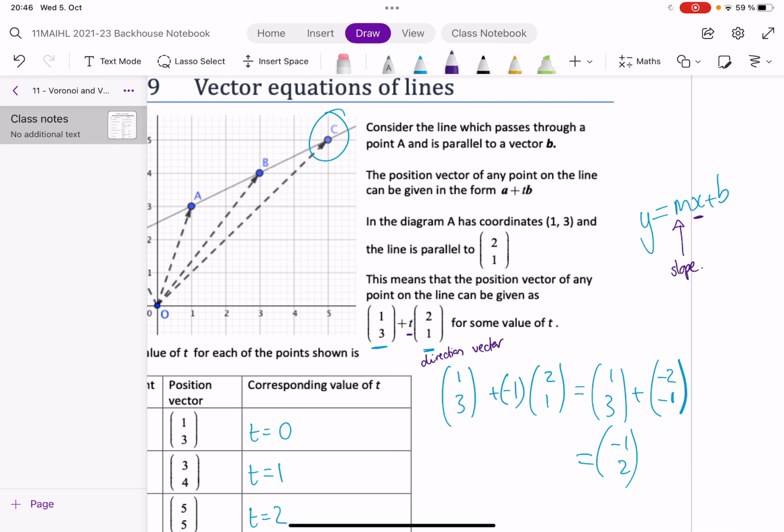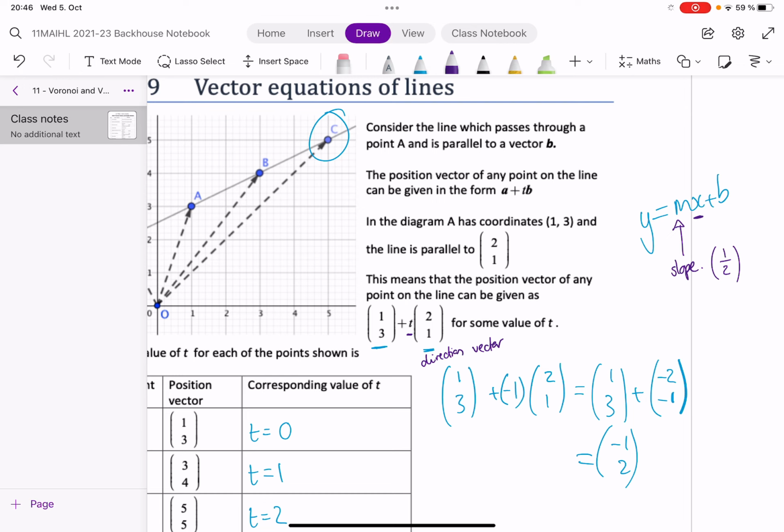The direction vector tells us that we go along 2 and up 1. Well, the slope we normally think of as the rise over the run, so the slope would be a half. I'm taking the values from the direction vector. The y becomes the top, the rise, and the x value becomes the run, which is the denominator of my slope.